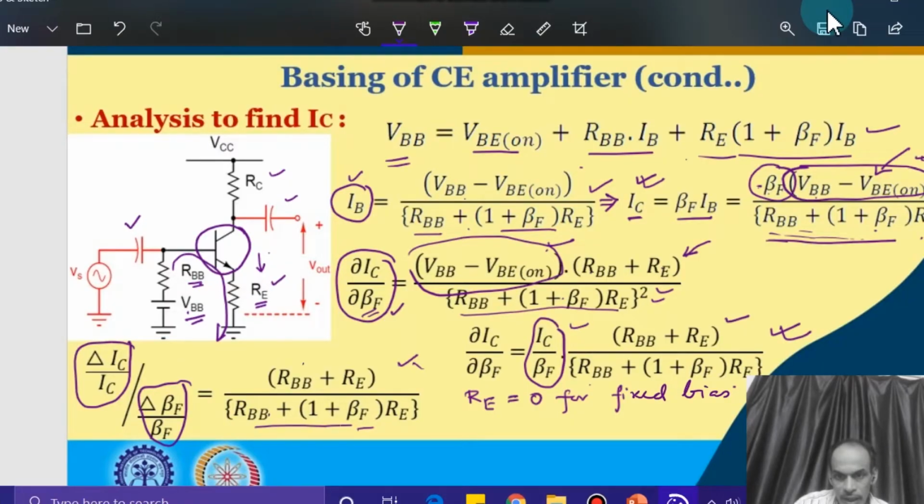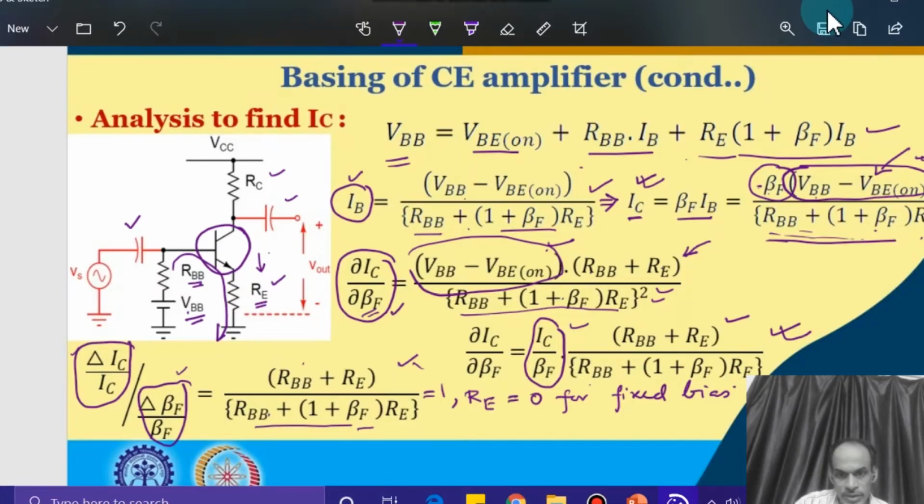So that means the sensitivity becomes 1, which means that whatever percentage variation we have in beta, the same amount of percentage variation is expected in the collector current.